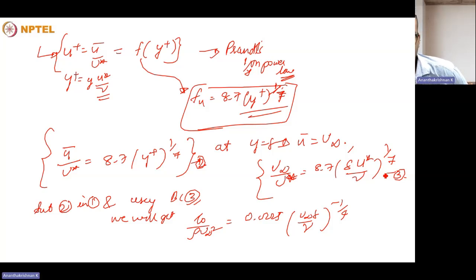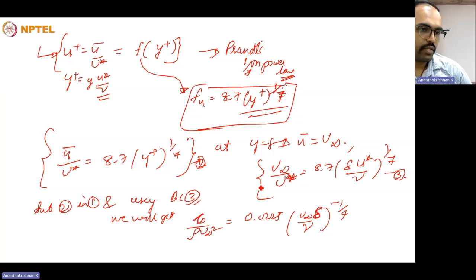So what we could do, we know that shear stress varies with respect to delta, and shear stress varies with respect to x, and delta varies with respect to x. Ultimately, both are a variable of x.